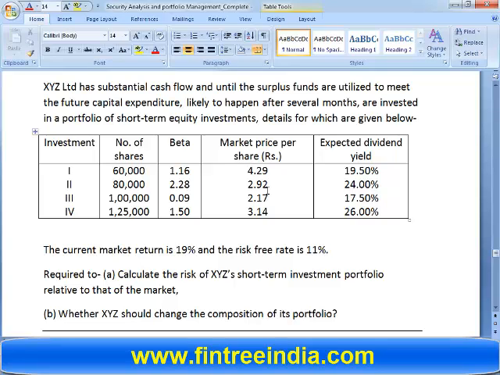How do you solve for the second part? So fair enough. This was actually the easier part of this question. Whether XYZ should change the composition of its portfolio? How should we calculate for this?